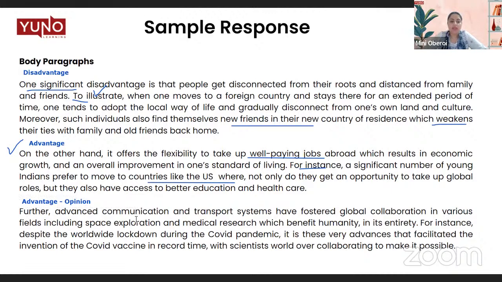Further, advanced communication and transport systems have fostered global collaboration in various fields, including space exploration and medical research, which benefit humanity in its entirety. Now, when I talk about it, I'm again supporting my opinion with another advantage. And we give an example again.